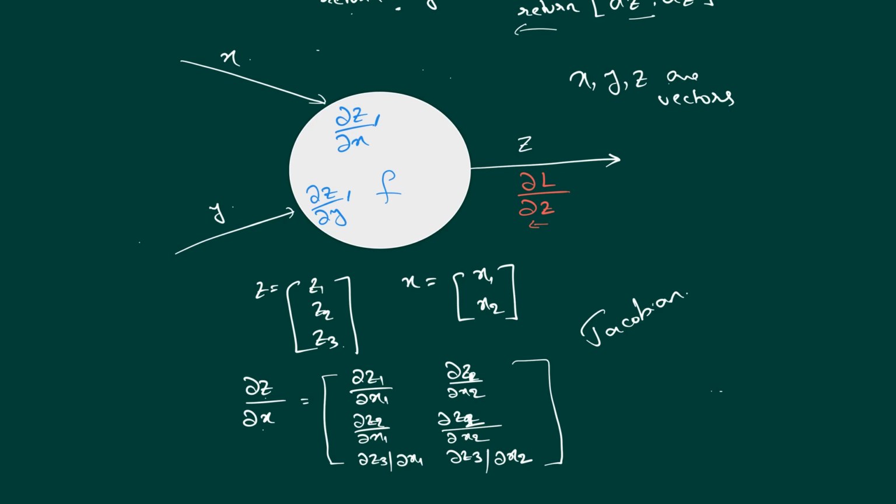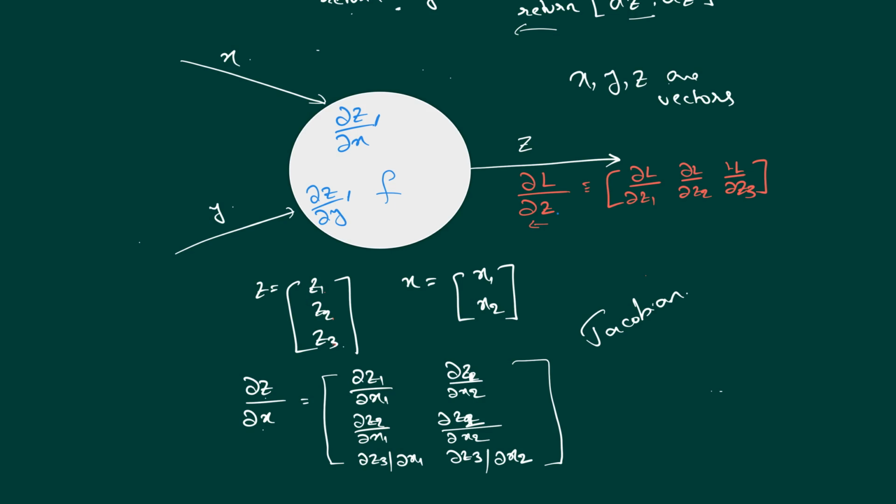If you look at the gradients flowing from the other side, del L by del Z out here is going to be a row vector, which is del L by del Z1, del L by del Z2, and del L by del Z3, if we are looking at Z as Z1, Z2, Z3.